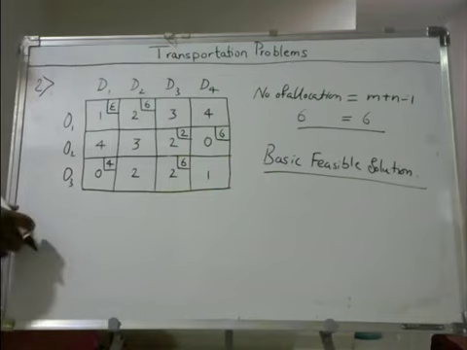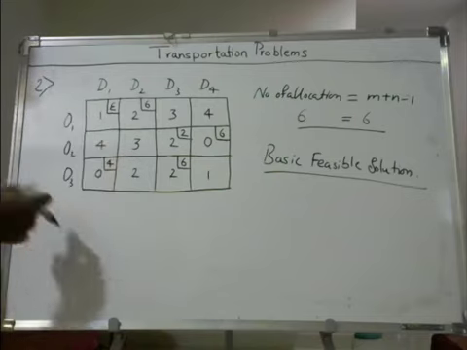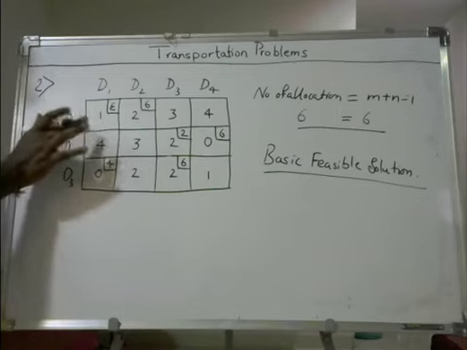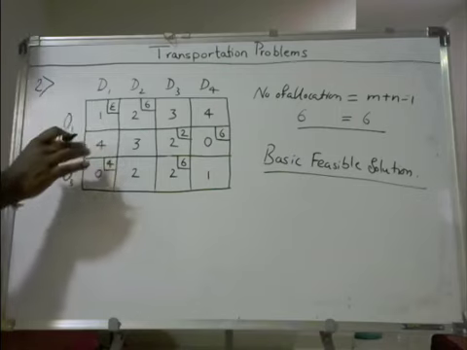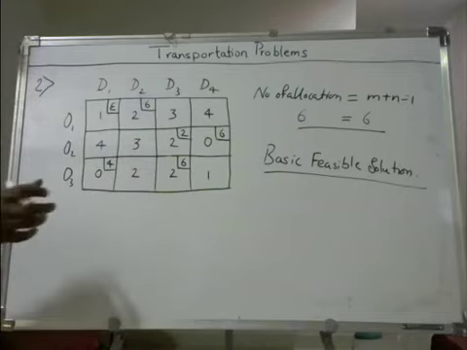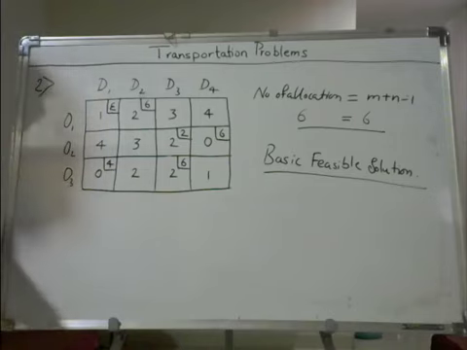So here is how we can convert a degenerate solution to a basic feasible solution. And wherever there is epsilon, you should keep epsilon and start solving. You don't have to worry about this. It will not be a hurdle when you are solving the optimality test. Wherever it comes, you should take it as epsilon and start solving. So this is how we solve the basic feasible solution. Thank you.